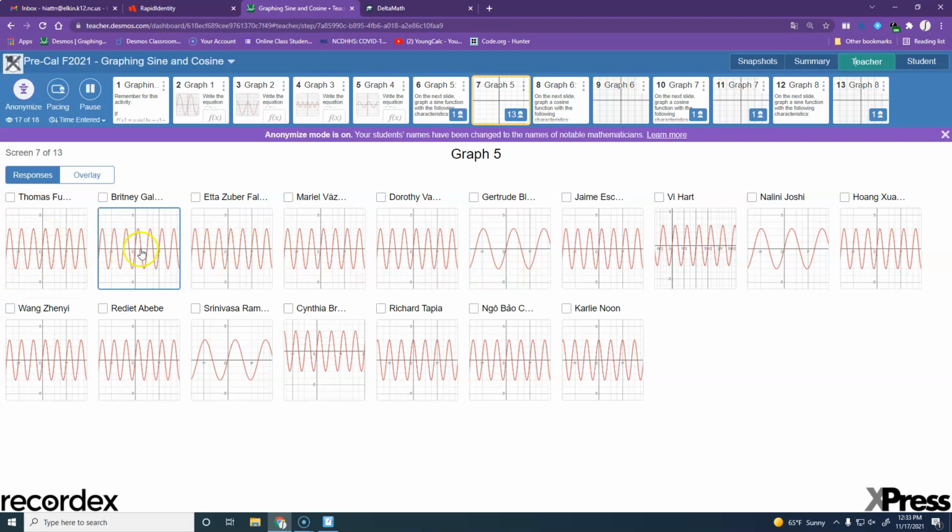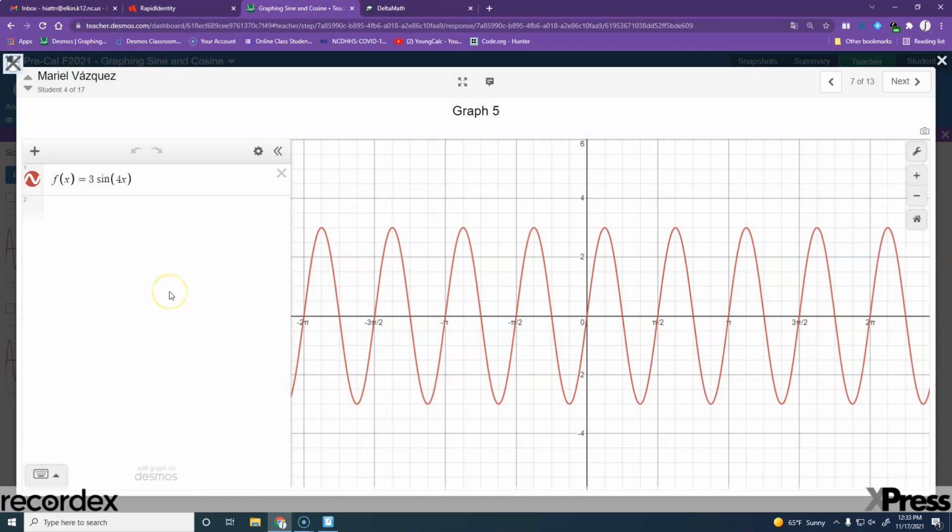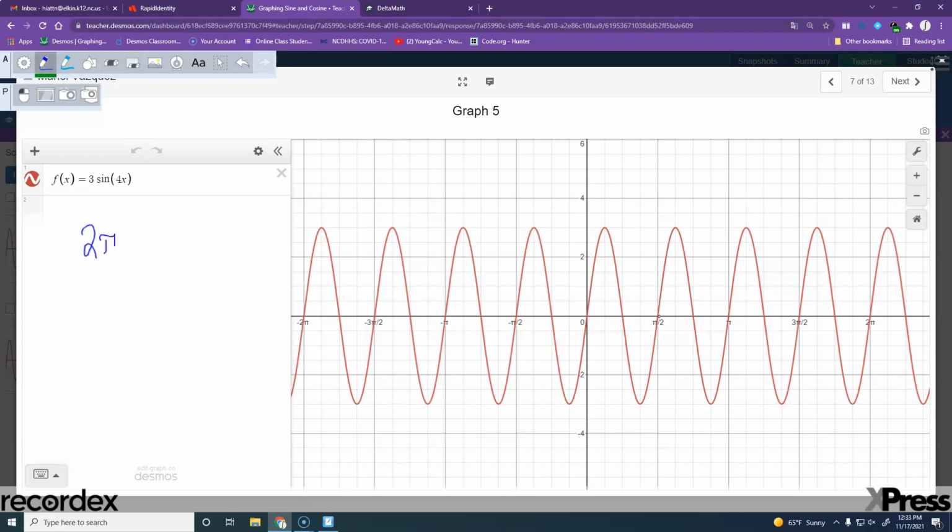Let's click on Mariel Vasquez here. This person has 3 sine of 4x, right? Midline is 0, amplitude is 3, period here is pi over 2. Remember, to find that period, we would do 2 pi divided by the number in front of our x, which is 4, which would give us pi over 2. So it looks like this is good.